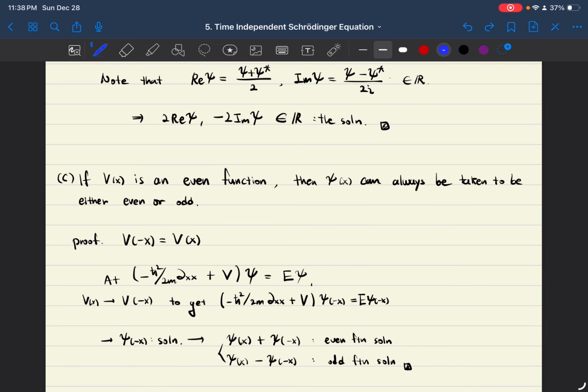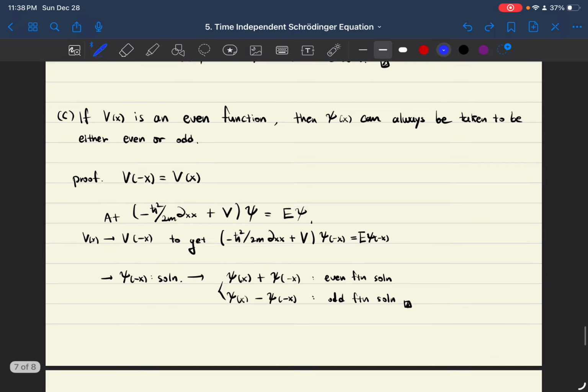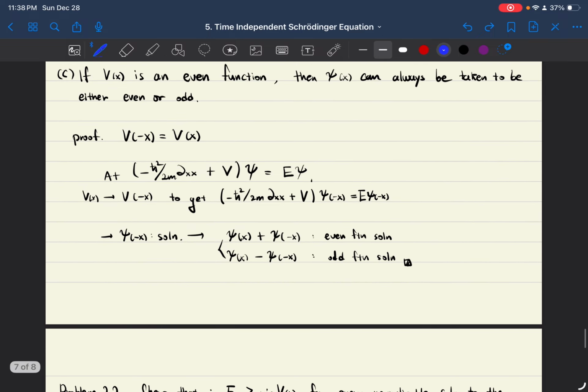Next theorem: if V(x) is an even function, then psi can always be taken to be either even or odd. We have V(-x) equals V(x) in this Schrödinger equation, so we get the same equation, and we can think psi(-x) is also a solution.